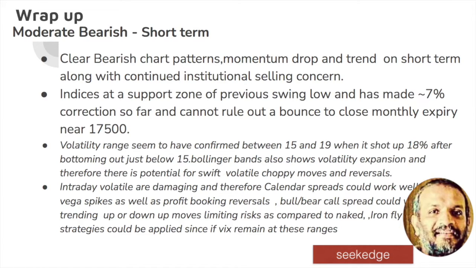Now, premiums at this range would be good enough for option selling, but the volatility, sudden choppy swift moves, and reversals can also continue to happen. So always use hedged positions like credit spreads or vertical spreads. Never go for naked trading, right? Go for option strategies always, right? So that your risk is always defined.